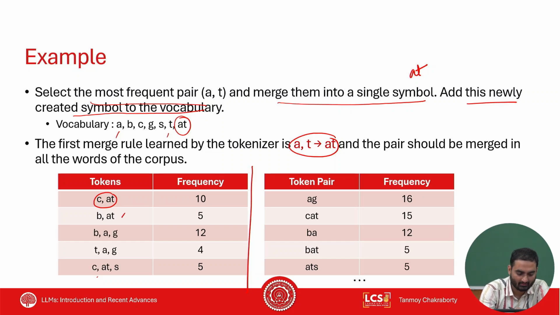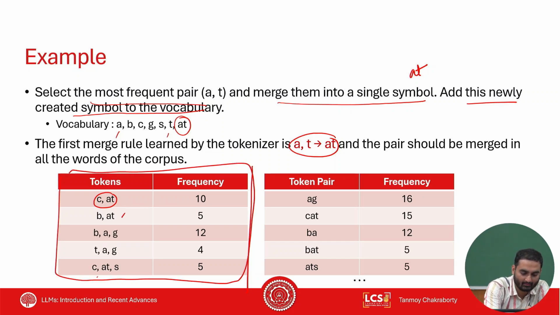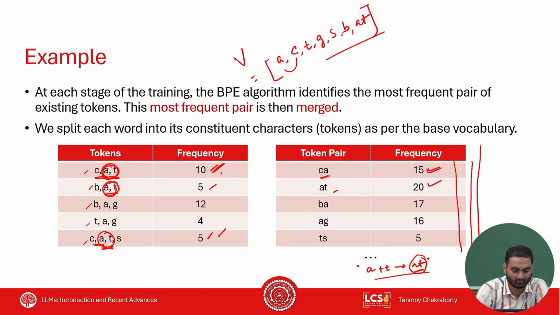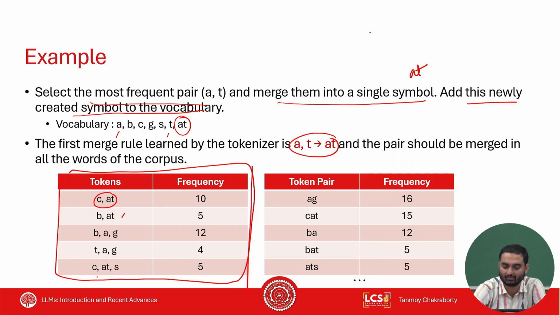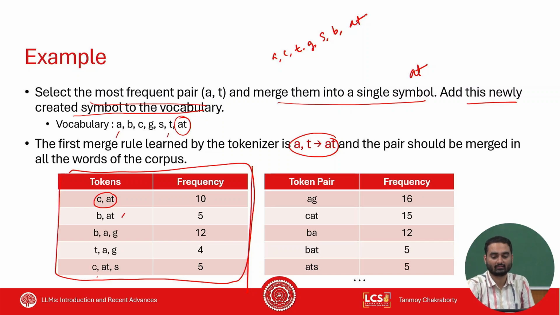Okay, now look at here. Now this is my modified table. In the modified table, again we keep on combining. Now here, what are the combinations possible? Again, it depends on the vocabulary. My vocabulary is this one: A, C, T, G, S, B, AT. How many possibilities are there?